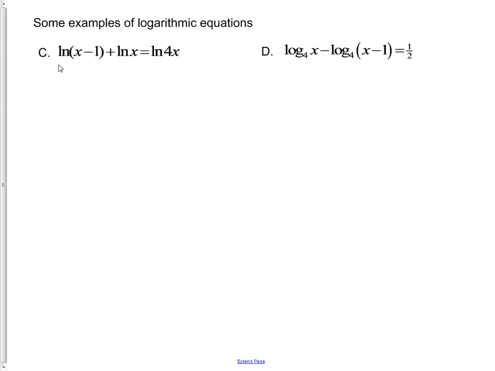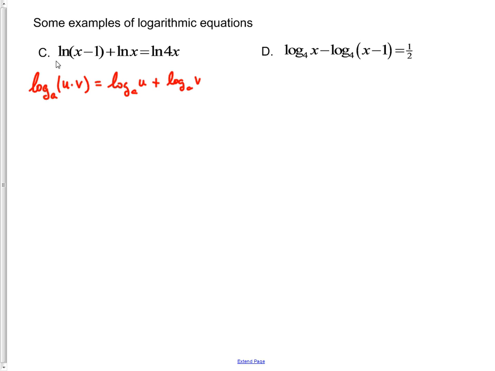This, for example, even though you may not recognize it right away, is actually one of those properties. Specifically, we had a property that said if we had a logarithm base a of the quantity u times v, that was exactly the same as taking the logarithm base a of u added to the logarithm base a of v.